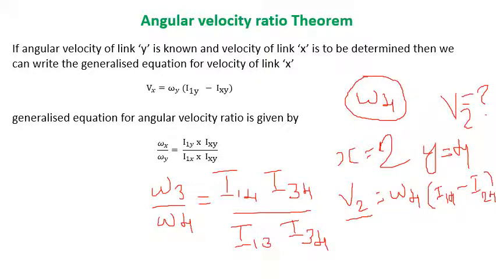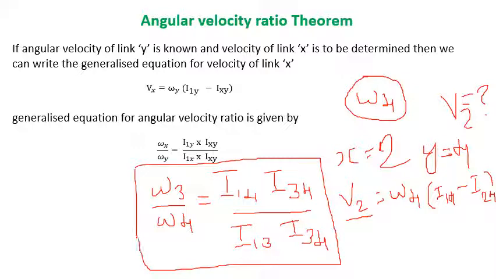So like this, depending on the known and unknown values, we can find the angular and the linear velocity.